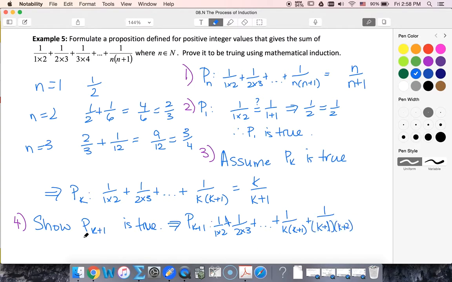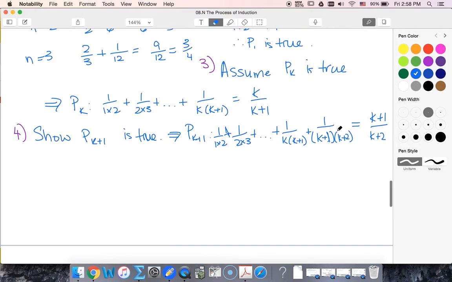So I'm going to the k plus 1 term. So I'm going to the next term. So k plus 1 plus 1 is k plus 2. I want to show that that's equal to k plus 1 over k plus 2. Again, k plus 1 plus 1. So to show that this is true, using my assumption, I'm going to work only with my left-hand side and hope that it equals the right-hand side.